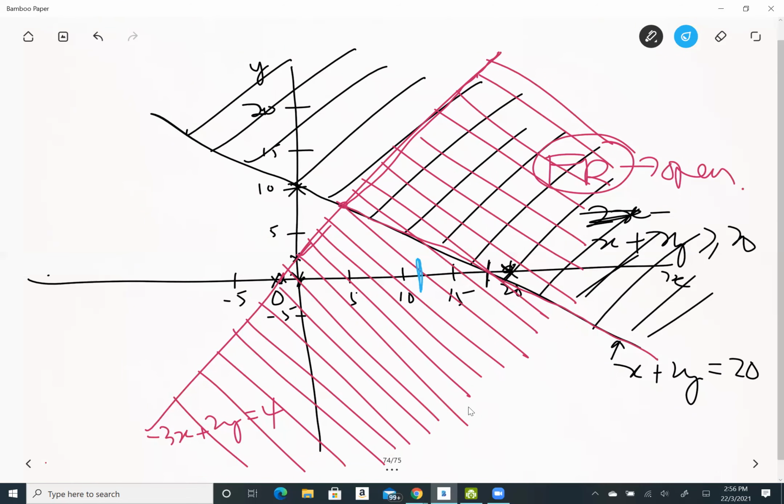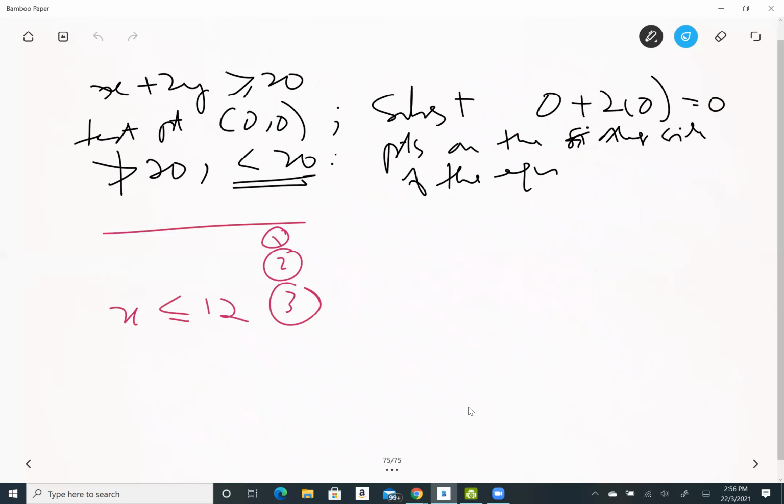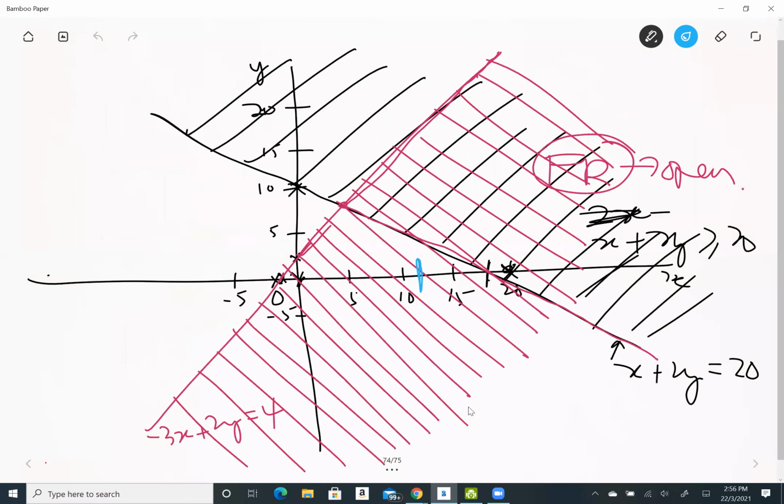But I want to change from bigger than becomes what? Less than. You see, I put the inequality less than. Okay, don't follow the book. If you follow the book, then you get an open area on the other side as well. Okay, so now you change it to less than. So what you will get, this would be our equation. X equal to 12. Less than, where is it?